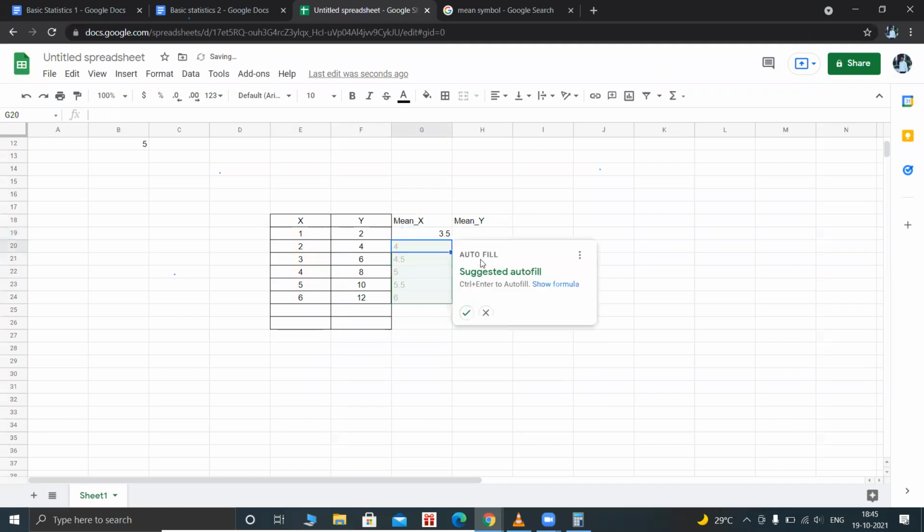Yes, it was 3.5. And the mean of y is equal to the average, so the average of y is 7.